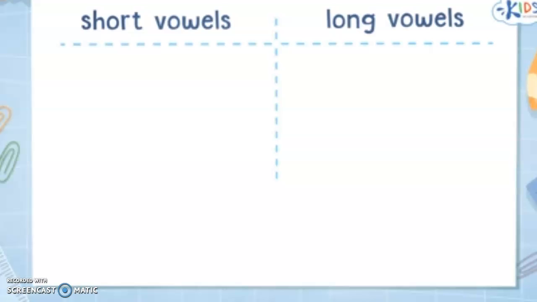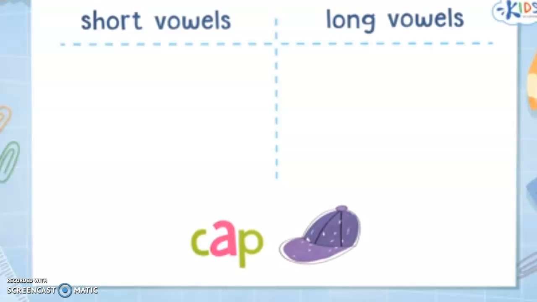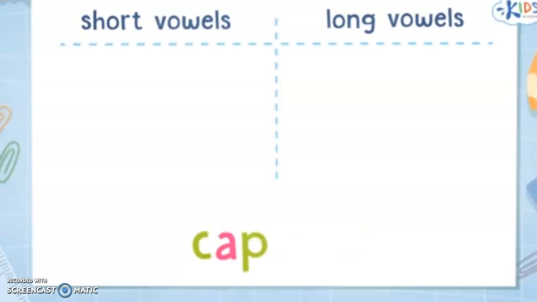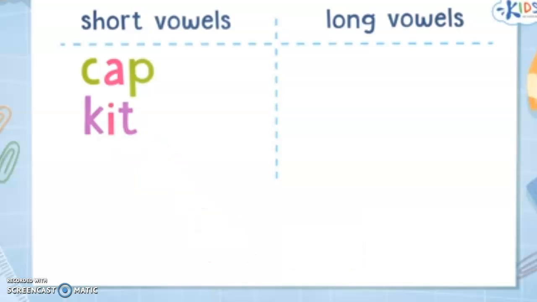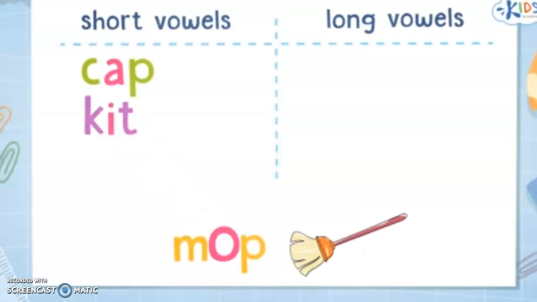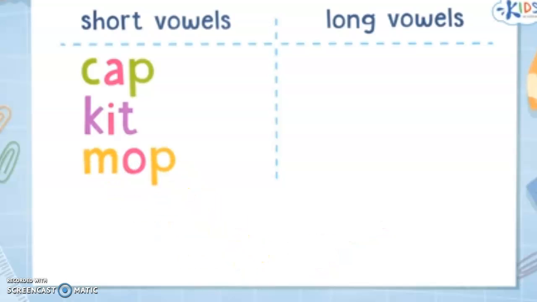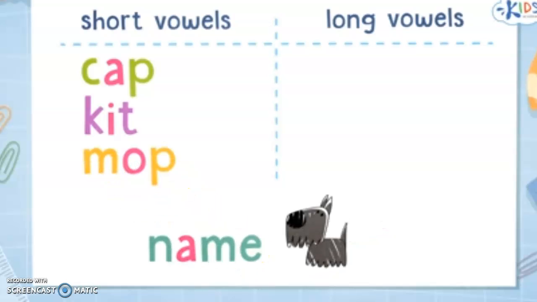Let's sort them together. Cap, ah. I hear a short ah in cap. Kit, it, Do you hear a short vowel sound? Yes, I do too. That's a short I. Mop, ah. Wow, that is another short vowel. I know this word. It is name.